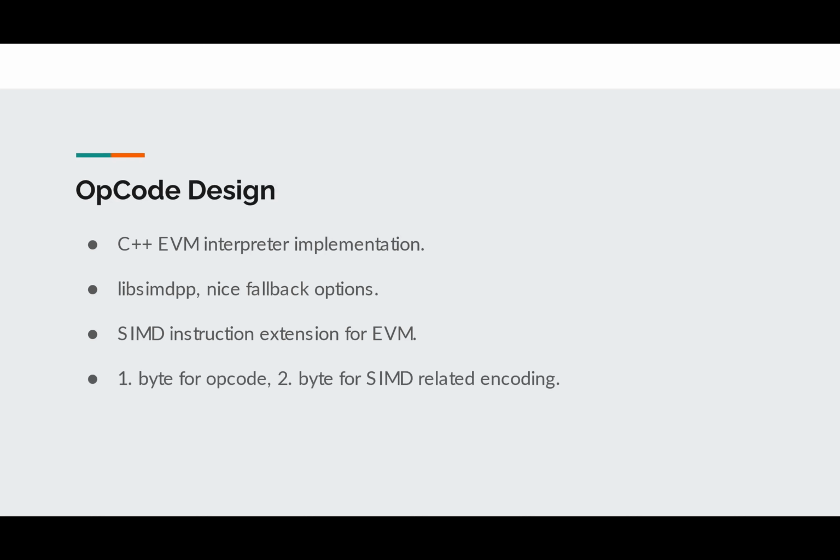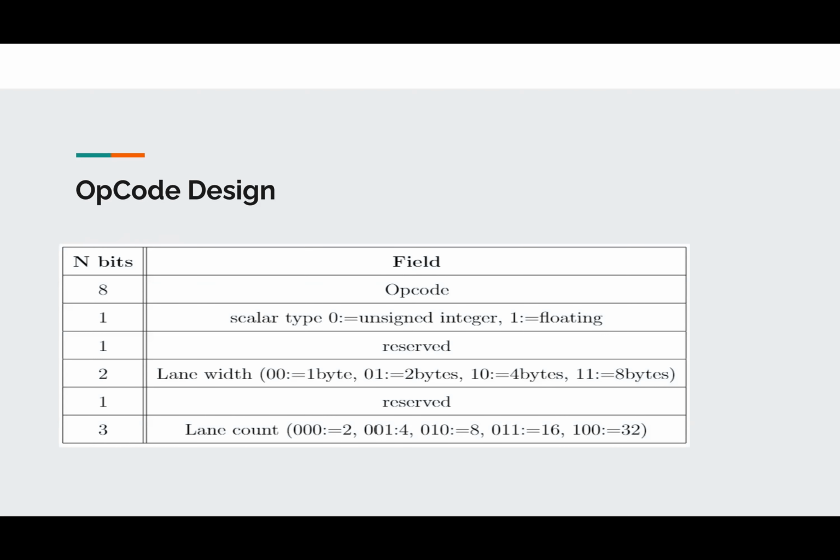We design our opcodes as 2 bytes. The first byte encodes the operation code, just like any other current instructions. We used an extra byte, the second byte, to encode the SIMD-related information. As you can see from the table, the first byte is similar to other opcodes. It just encodes the operation code.